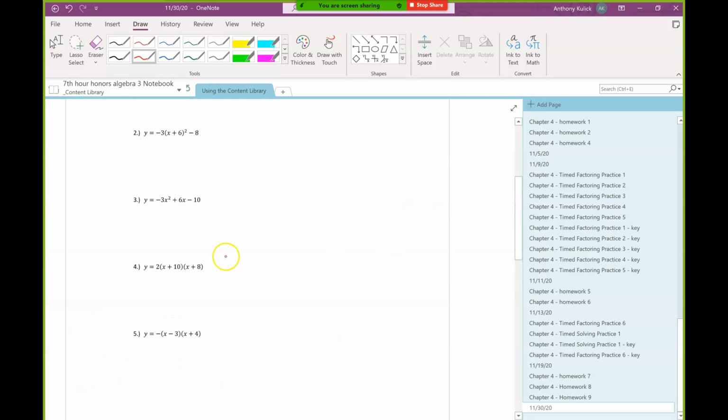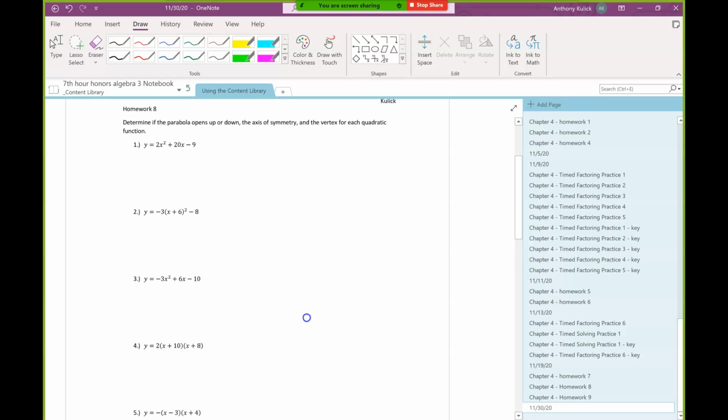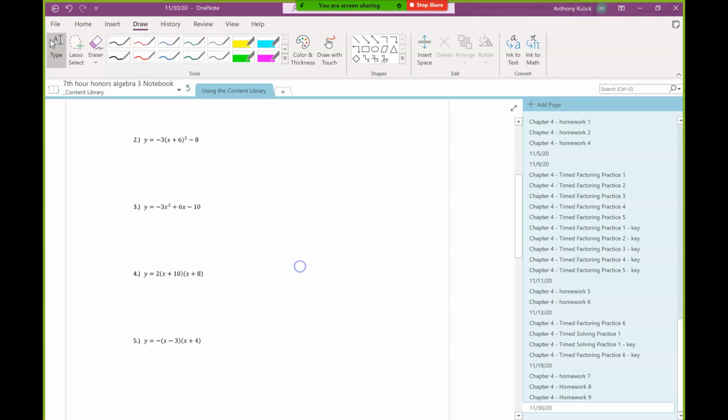Okay. So number 4, we're asked to find up or down, the axis of symmetry, and the vertex. So here I noticed that this is vertex form, or not vertex form, intercept form. So the a here is 2. Since that's positive, we know we're opening up. Since it's in intercept form, I know the axis is p plus q over 2. So remember, the p is the opposite, and the q is the opposite. So p is negative 10 and q is negative 8.